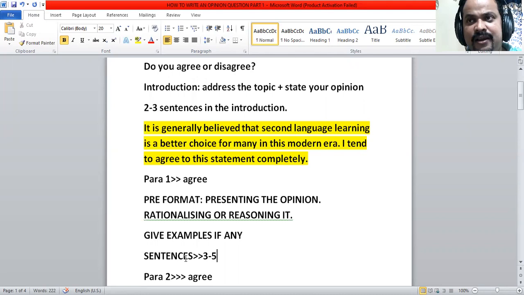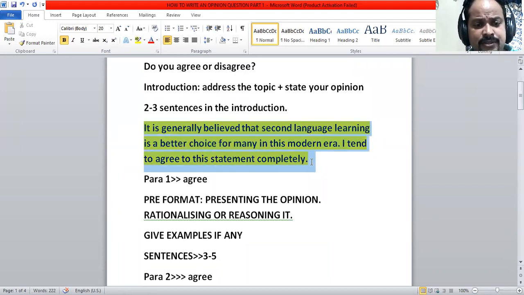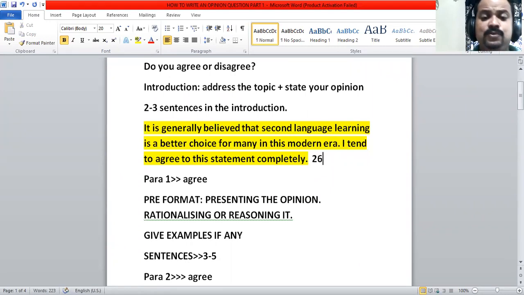So if I calculate, I should have the calculation too. I have written a 2-sentence introduction here. This 2-sentence introduction has just around 26 words.